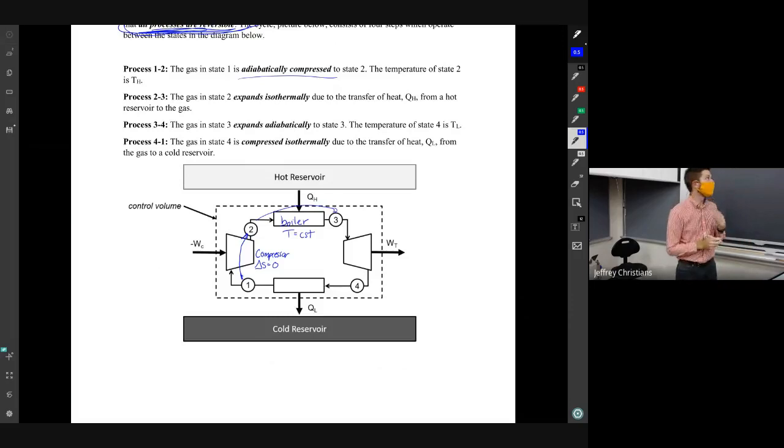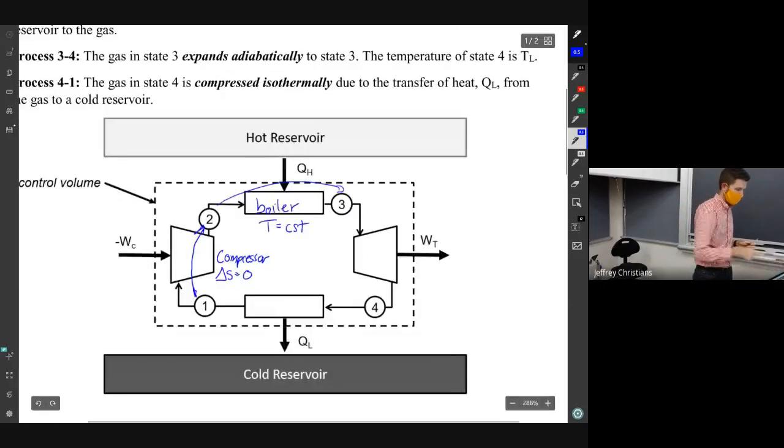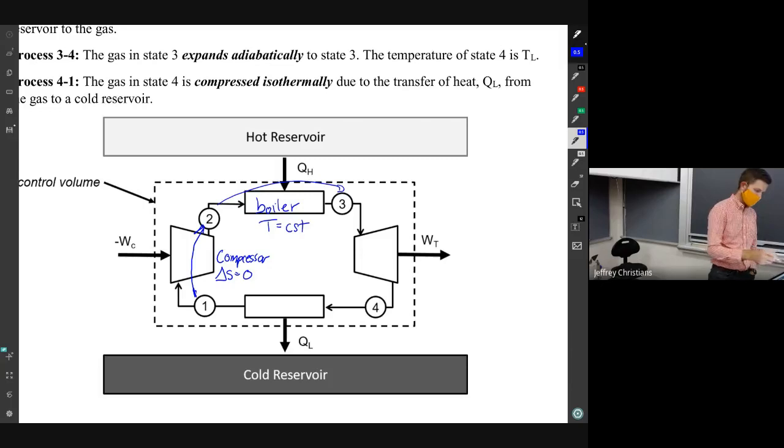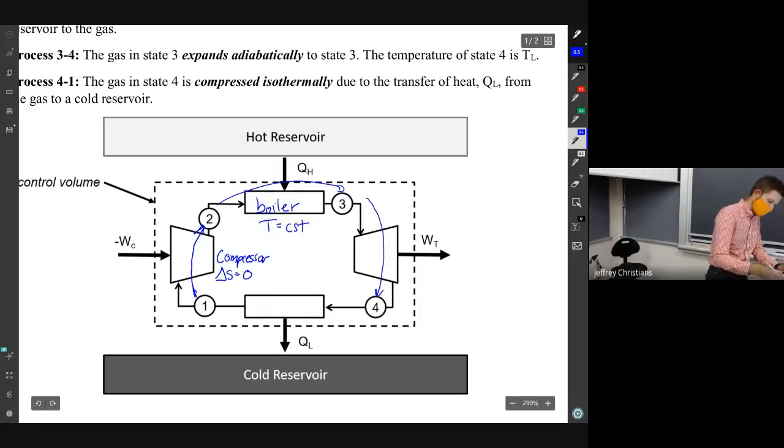And the temperature, here, I'll zoom in a little bit so we can see that better. So that's a boiler and the temperature is constant. For process 3 to 4, we're gonna have an adiabatic reversible expansion. So as we go down this way, this is an adiabatic reversible expansion.